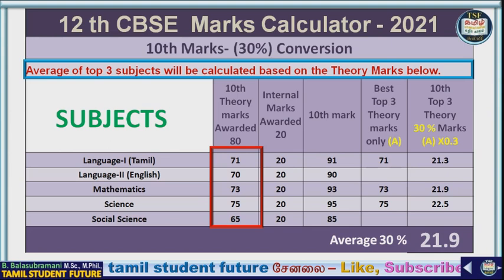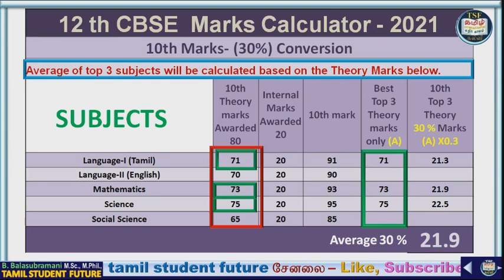Only these are theory marks, out of 80. So the best top 3 are 75, 73, 71.